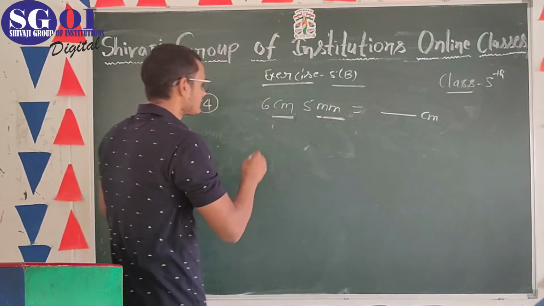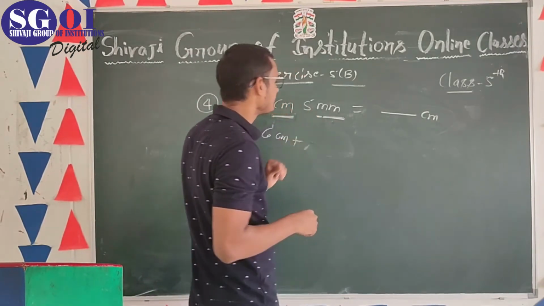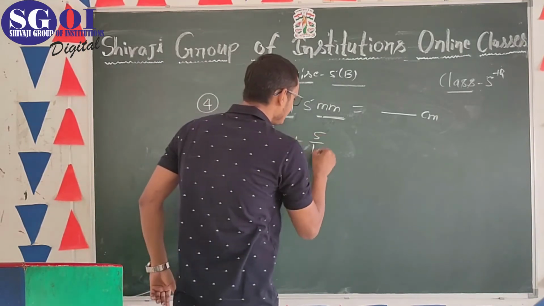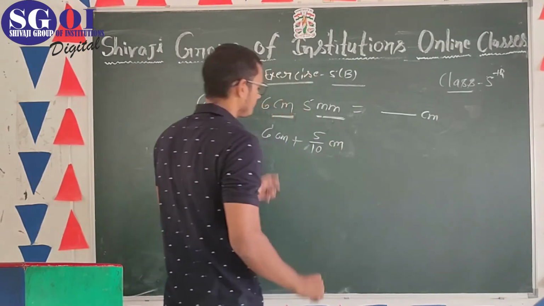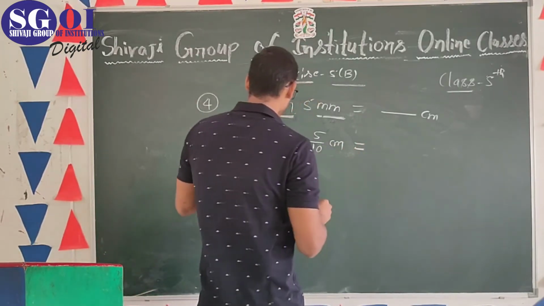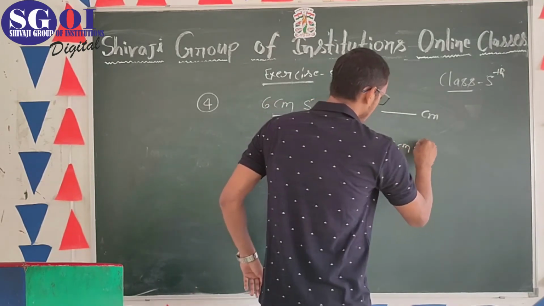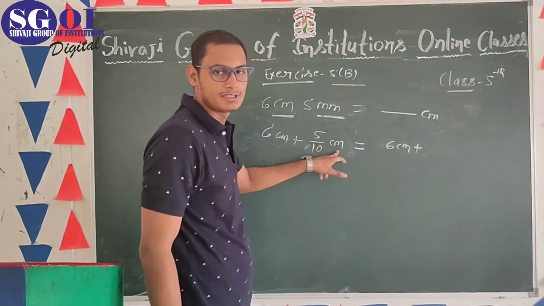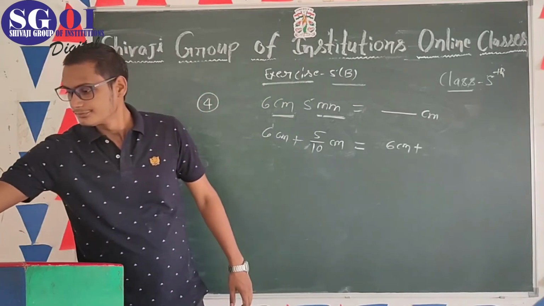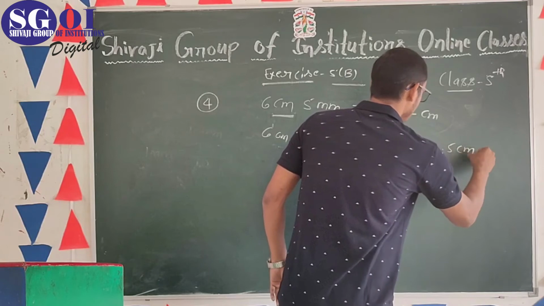So we have 6 centimeter plus 5 millimeter. 5 millimeter change into centimeter, so we divide 5 by 10. 5 upon 10 centimeter is equal to 0.5 centimeter.